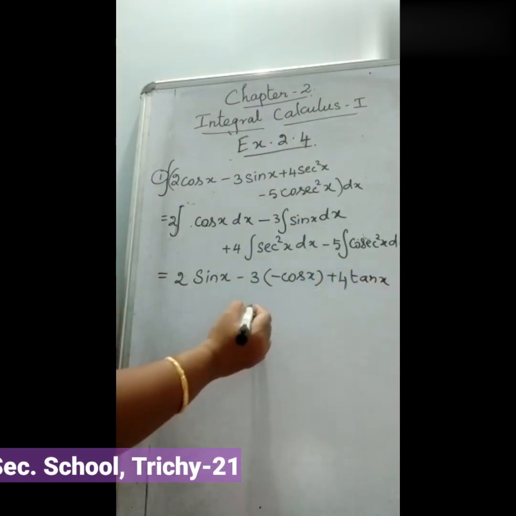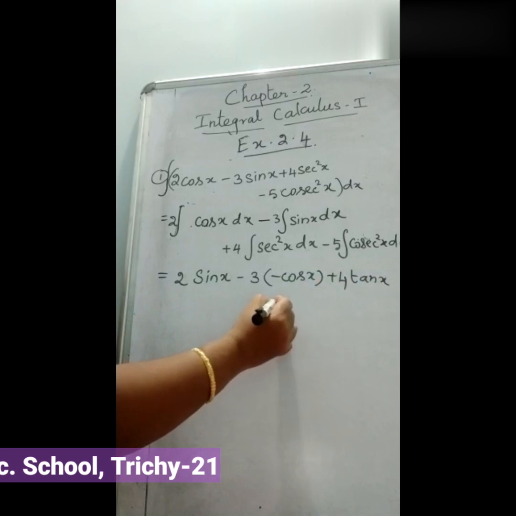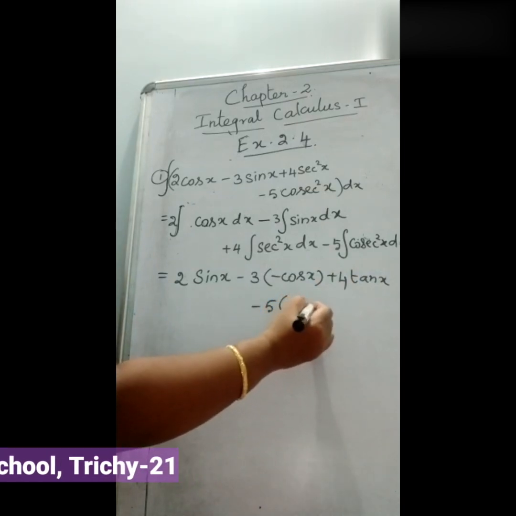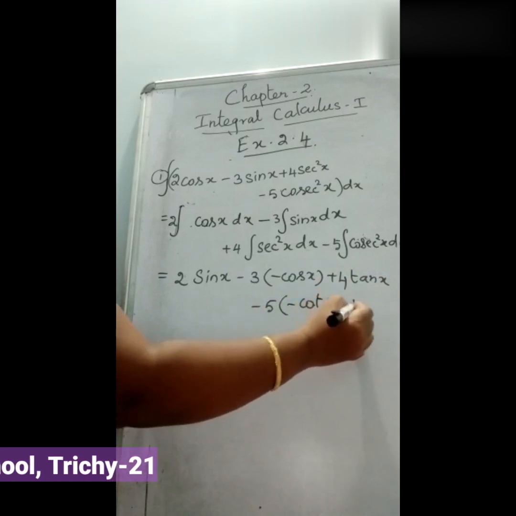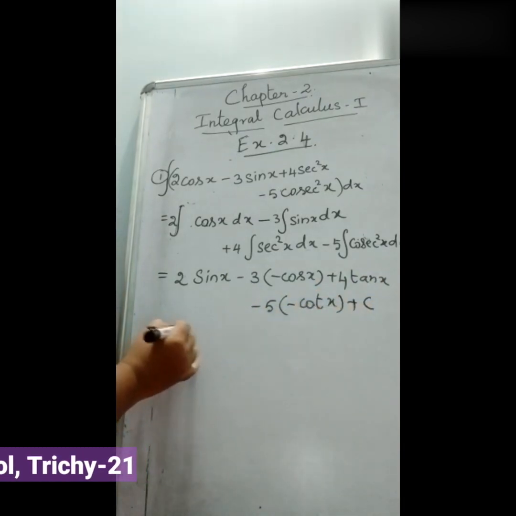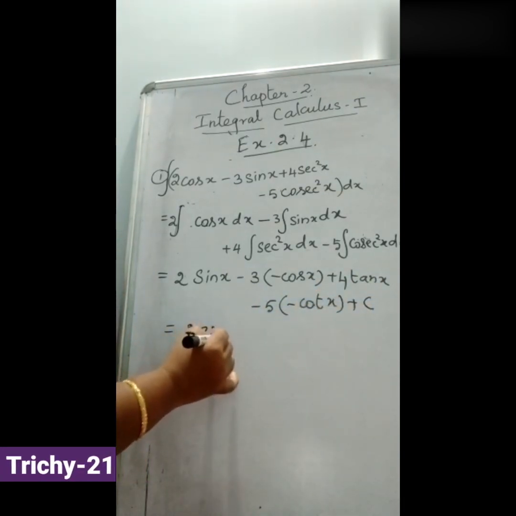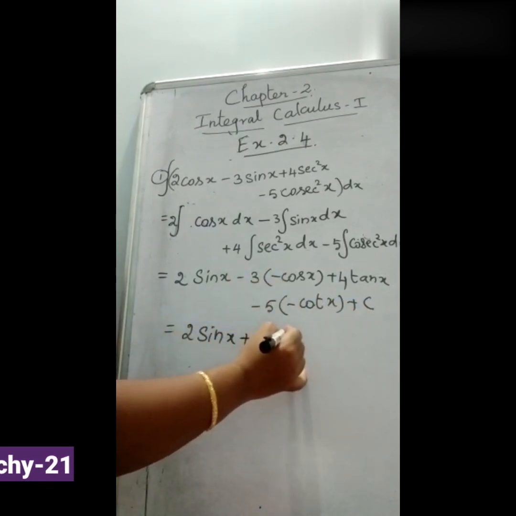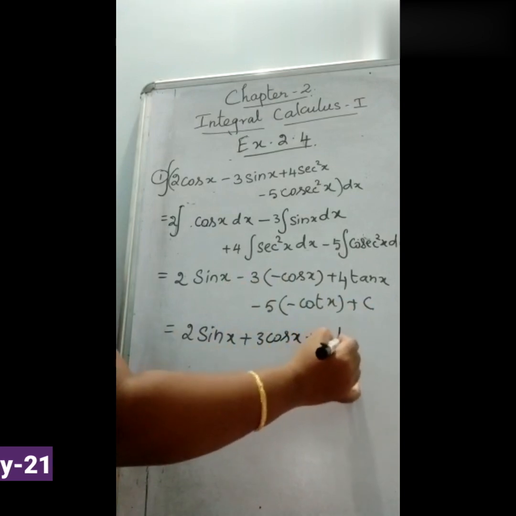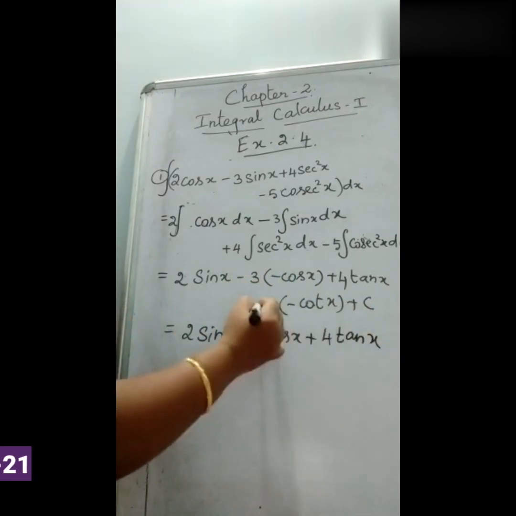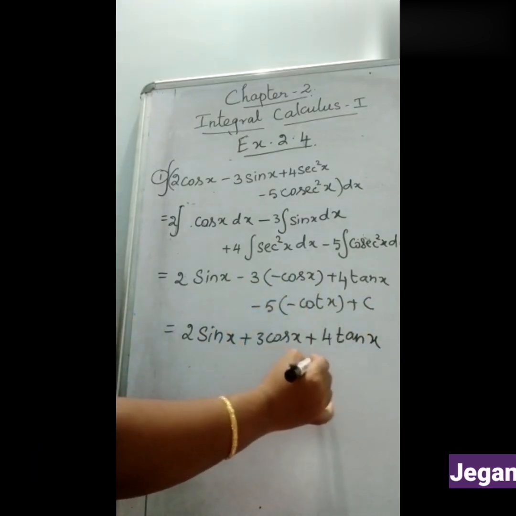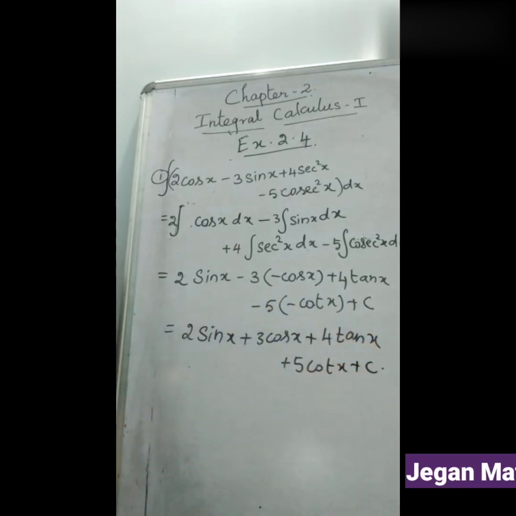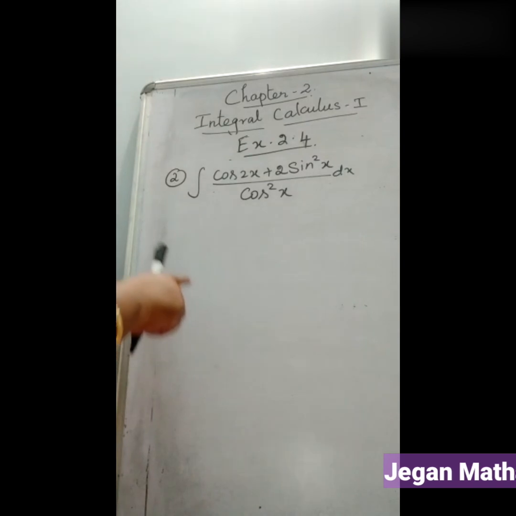So 4 tan x, minus 5 into the integral of cosecant squared x dx, which is minus cot x, plus c. So that is equal to 2 sin x, minus of minus is plus 3 cos x, plus 4 tan x, minus of minus is plus 5 cot x, plus c.